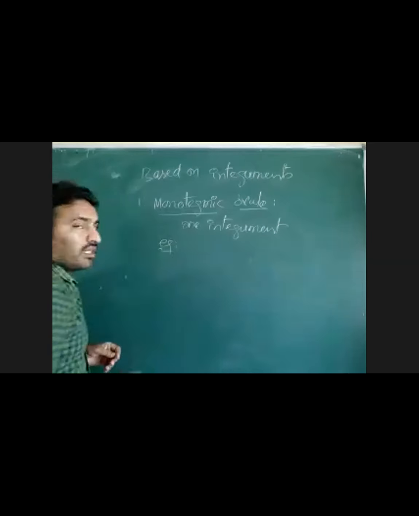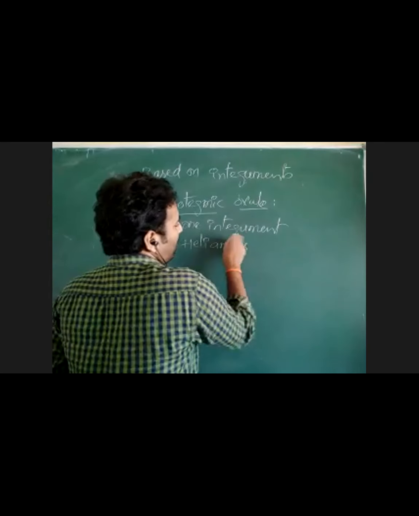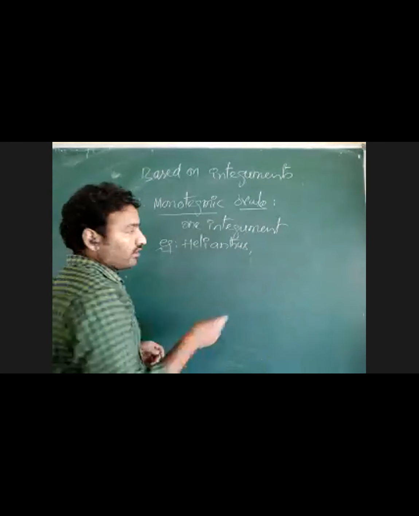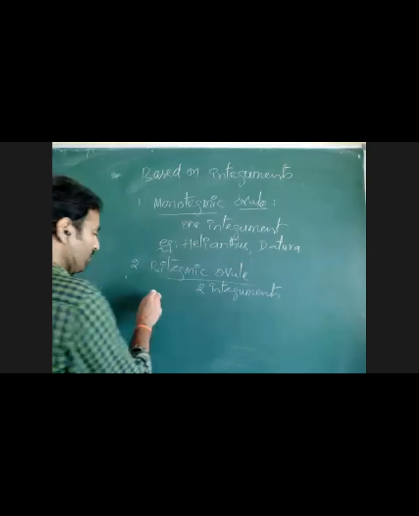This monotegmic ovule we can observe in some plants like Helianthus, which means sunflower, and in Datura. Second one is bitegmic ovule. Bitegmic ovule means two integuments are present in the ovule.